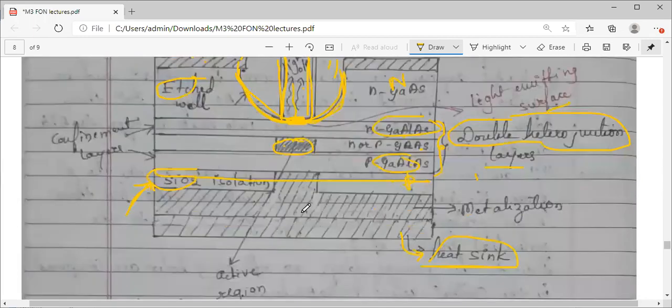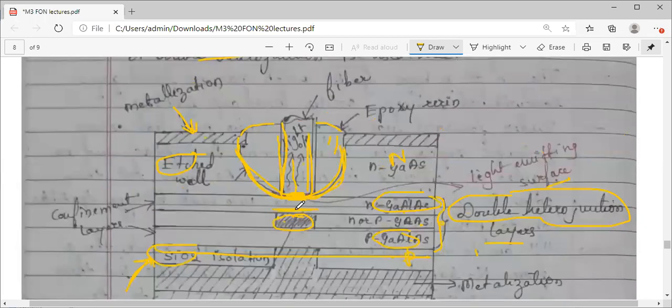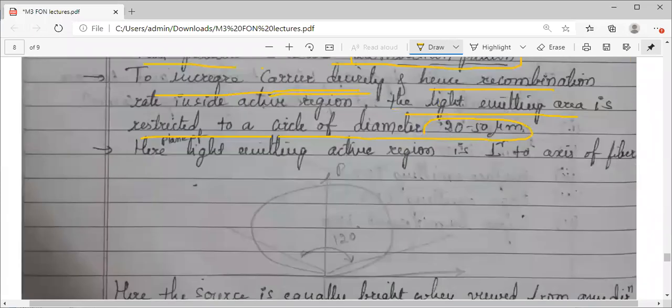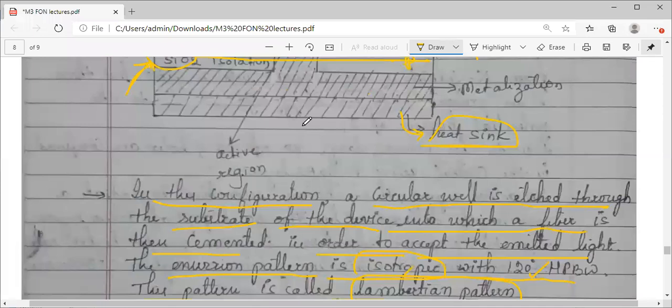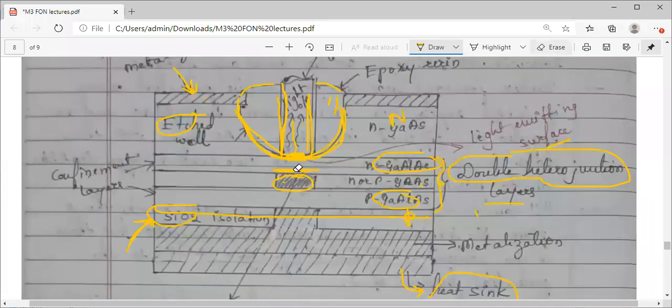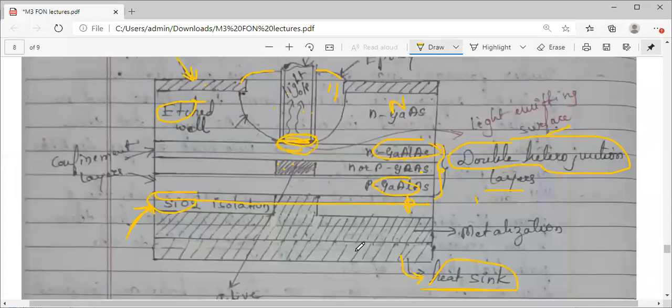This exposed area, okay, the active region as small as possible, within the range 20 to 50. A light emitting area, sorry, this one, not the active region, this red color which I have shown you, this diameter. It is circular, diameter in the sense, because obviously you are connecting an optical fiber, so it will be circular.